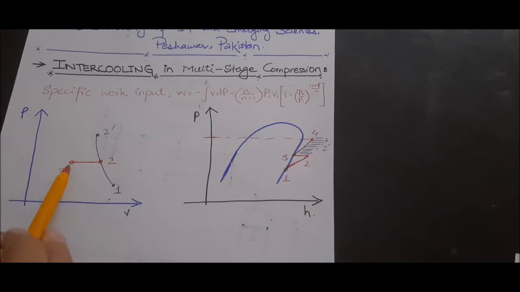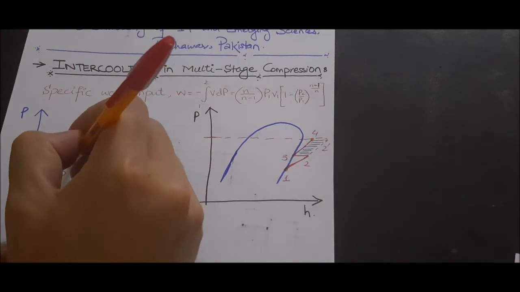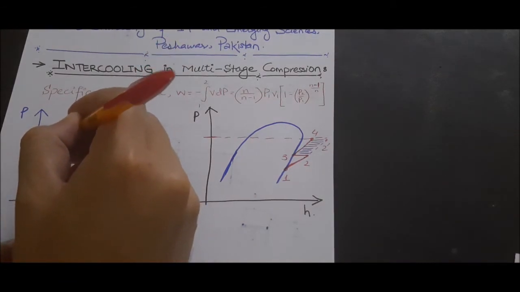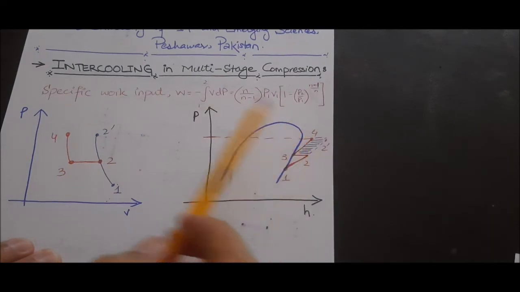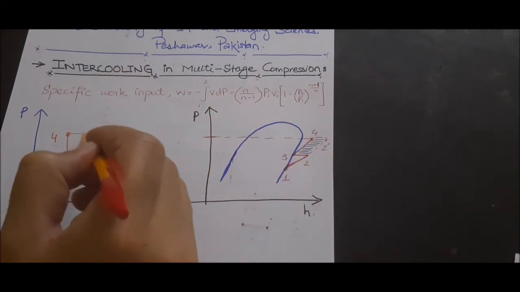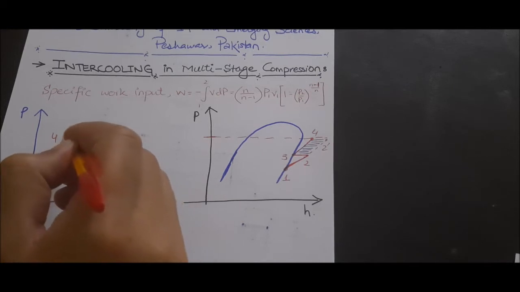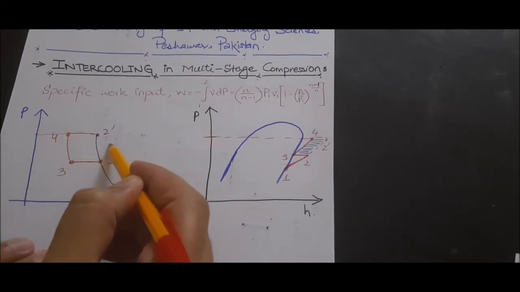Why? Because from 2 to 3 the intercooling has taken place, and due to cooling the volume further reduces, and then another compression takes place from 3 to 4, which is actually the same pressure as at 2 dash.